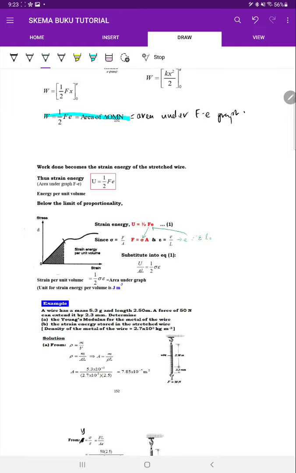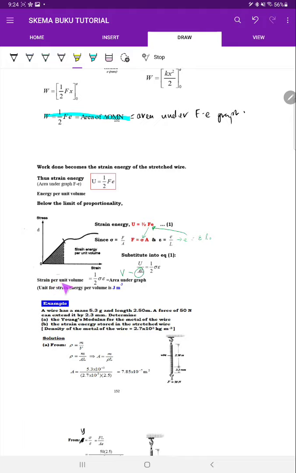Kita substitute dalam equation 1, rearrange, kita akan dapat U over A L naught, area darab dengan length, sama juga dengan volume.